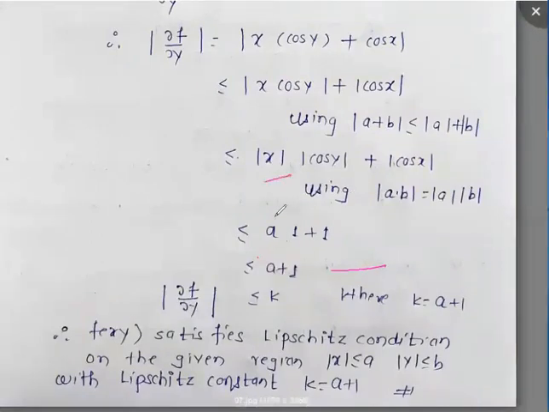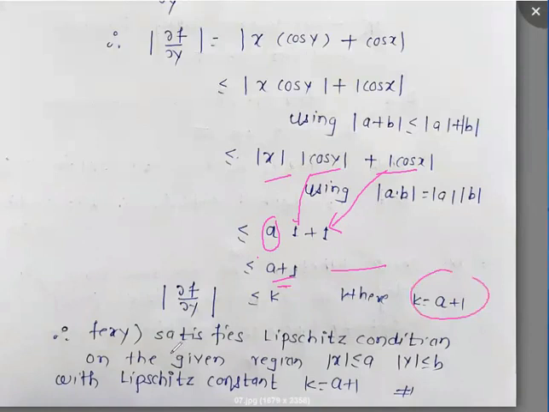So mod x is less than or equal to a, and cosine is less than or equal to 1. So mod a into 1 plus 1. So this value is larger. Cos y is smaller than 1. Mod of cos x is also less than 1. So we get a plus 1. So partial derivative of f with respect to y is smaller than constant k, where k is a plus 1.